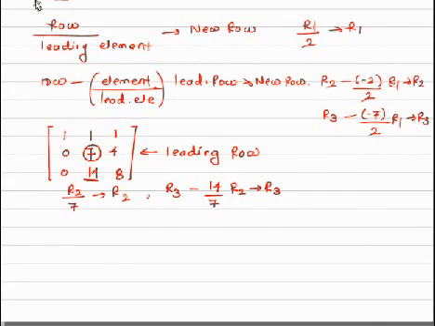After applying this row operation, the entries are like this. No change in the first row, so we write 1 1 1 as it is. Then we get 0 1 4 by 7, and the last row we get 0 0 0.